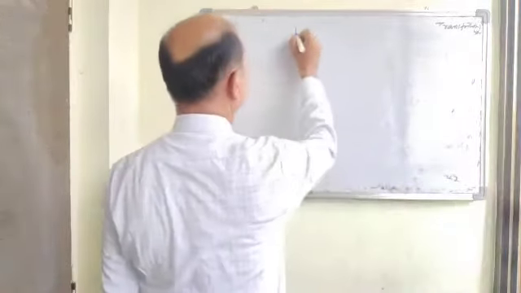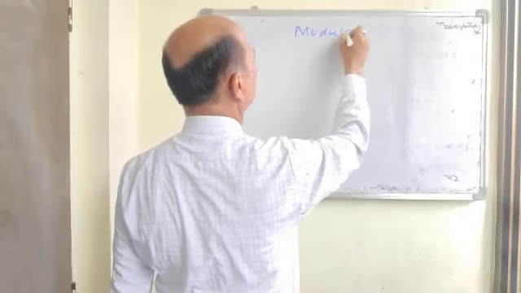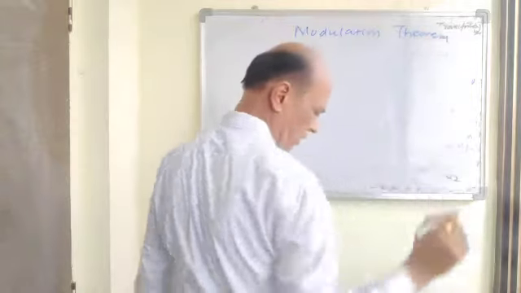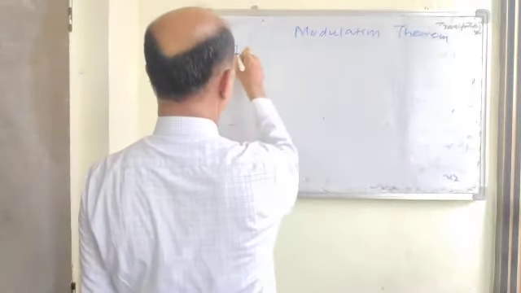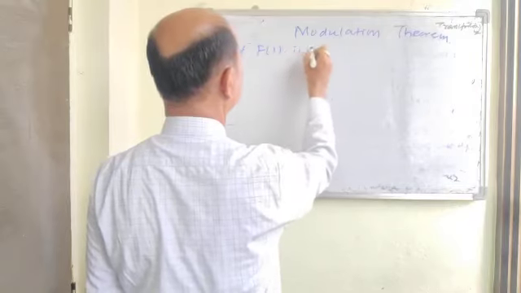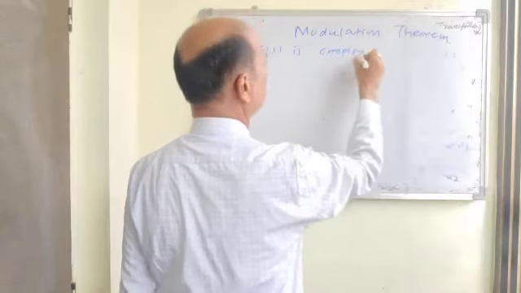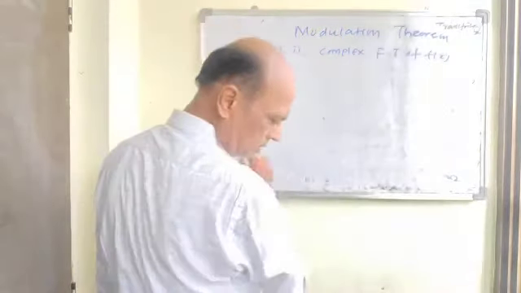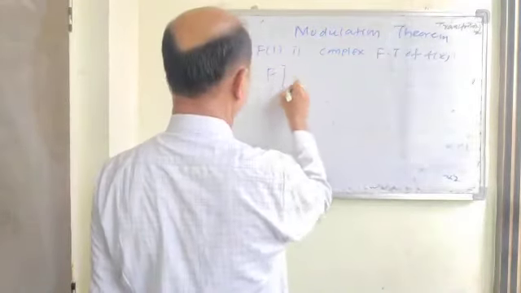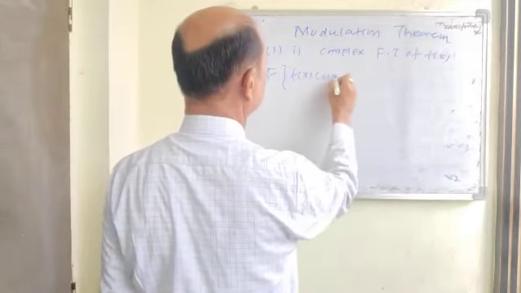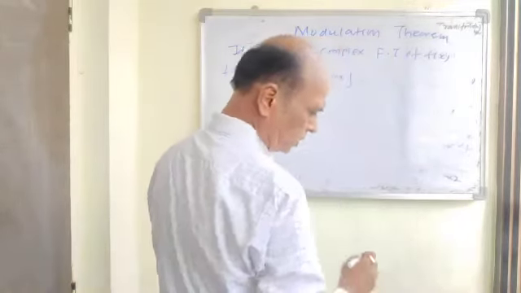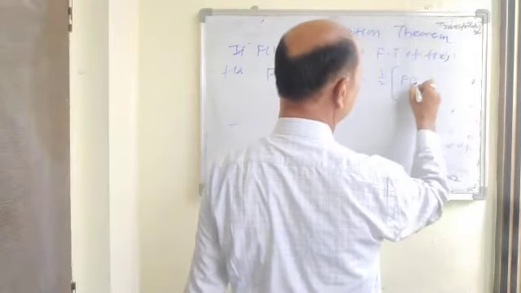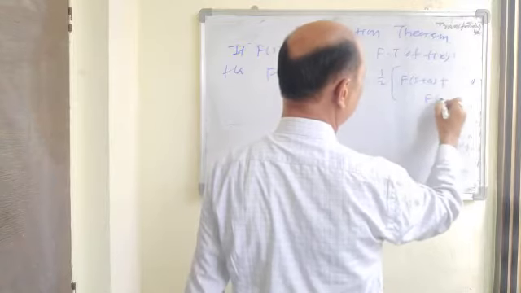Now there is one modulation theorem that is very important. Modulation theorem: if F of s is the complex Fourier transform of f of x, then F of f of x cos ax is equal to half into, in bracket, F of s plus a plus F of s minus a.